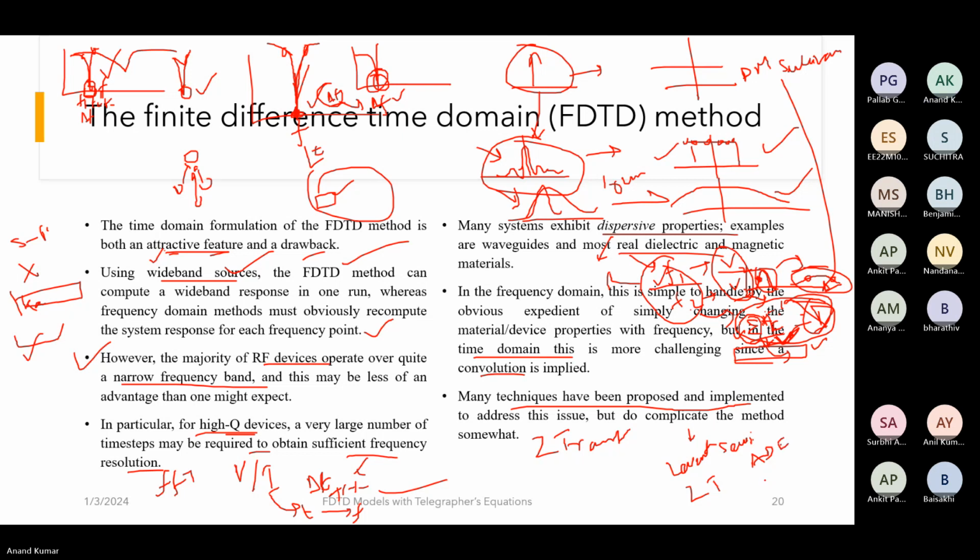And there's a method called PLRC, I don't remember the full form of this method.